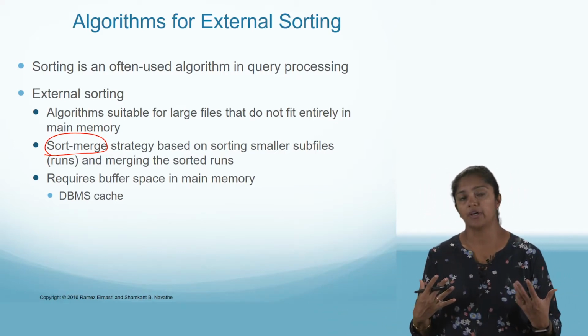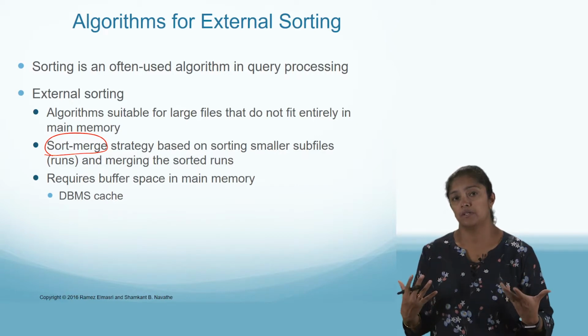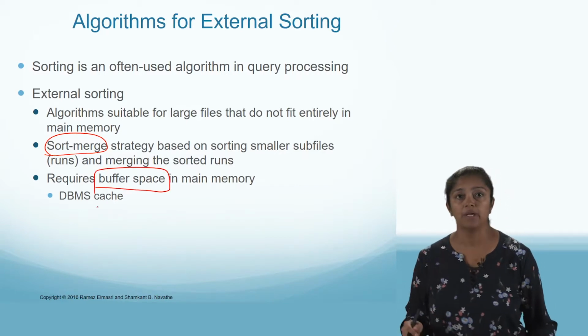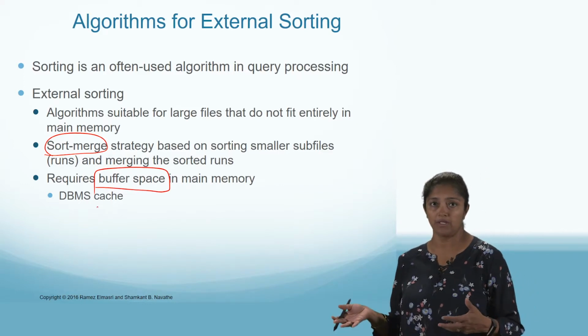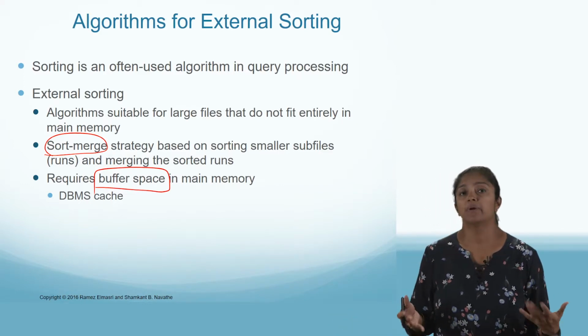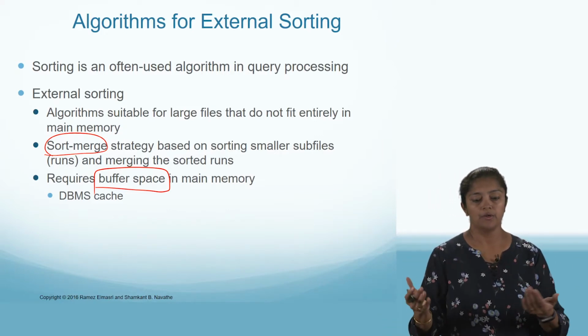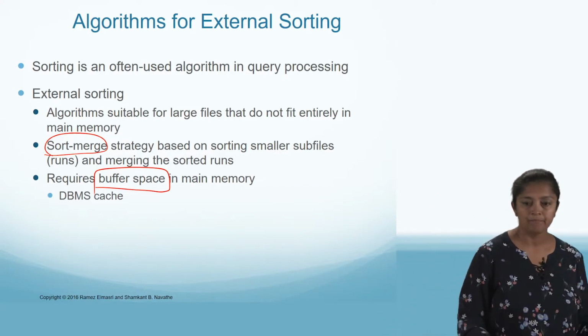It uses the main memory. There is a set buffer space in the main memory that's allocated to the DBMS to do this processing. The database management system has a cache and that uses this buffer space.